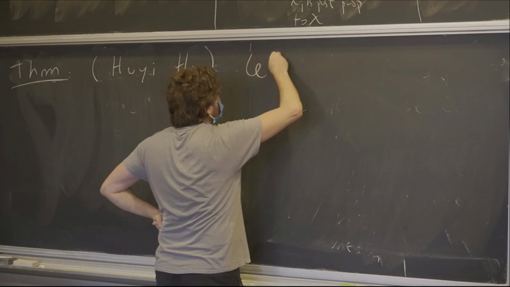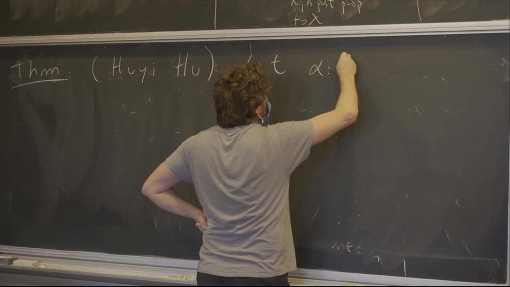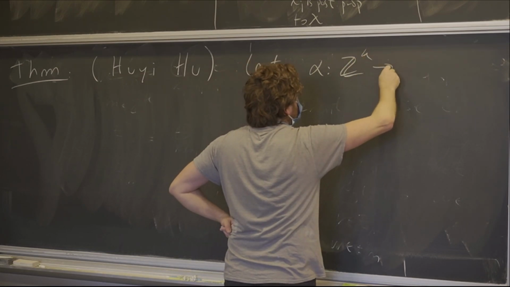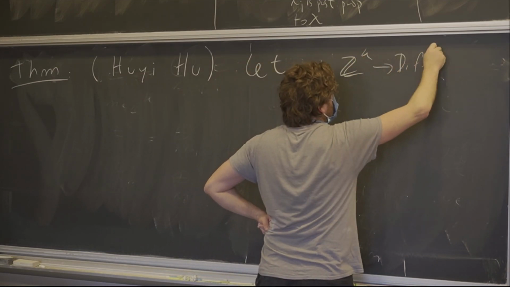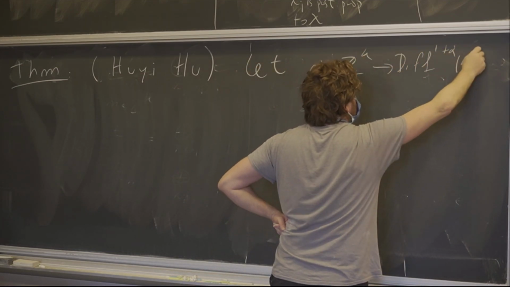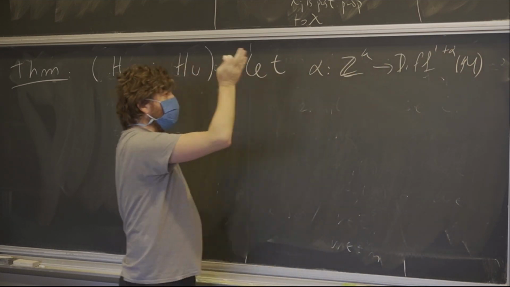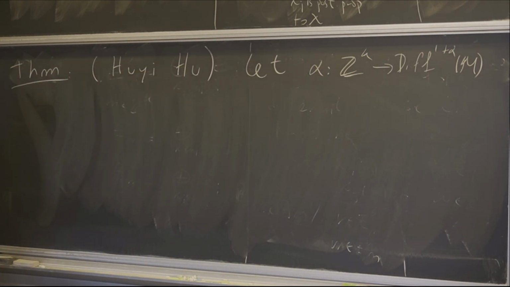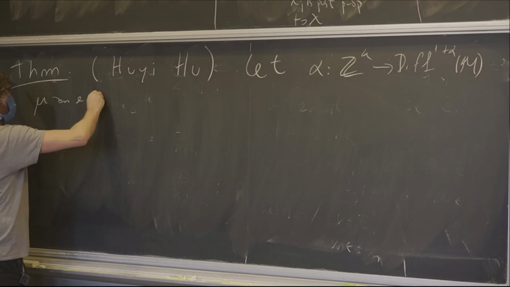So let alpha be an action. M is always compact connected, so we don't care about the log integrability. It's always automatic here. Mu an ergodic invariant measure.